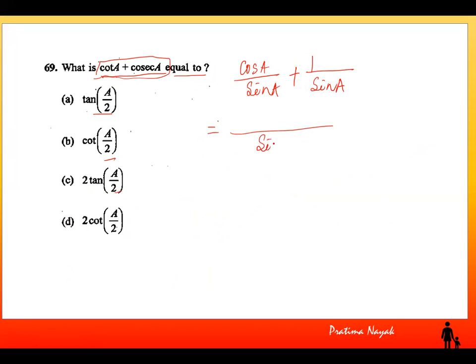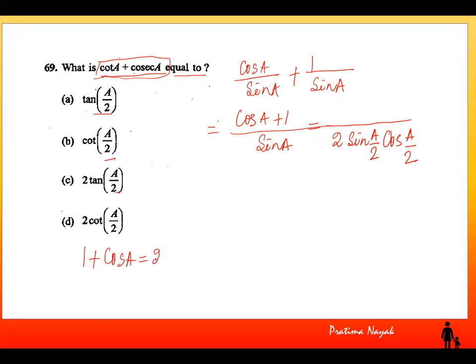Over sin A, it will be cos A plus 1. So we have already written the formula for sin A, that will be twice sin A by 2 into cos A by 2. Now coming to 1 plus cos A, how to make it to half angle. 1 plus cos A is equal to 2 cos square A by 2. You can remember this formula.